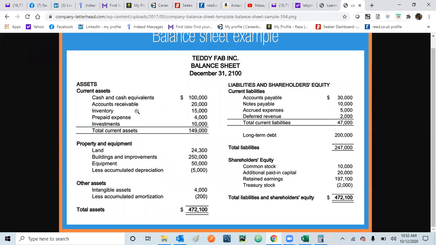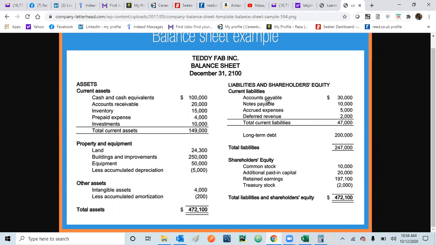Or if your asset is decreasing, then it's your credit side. It's the same the other way around. When there's an increase in liabilities, that will be the credit side. And if there is a decrease in liabilities, that will be your debit.